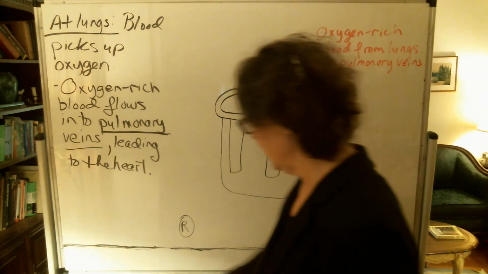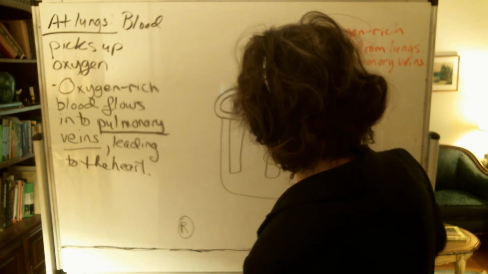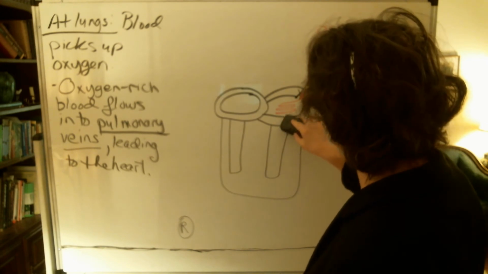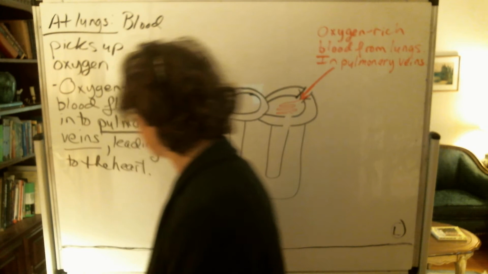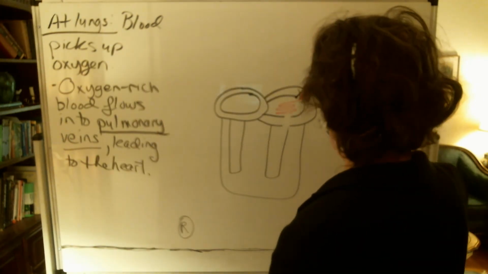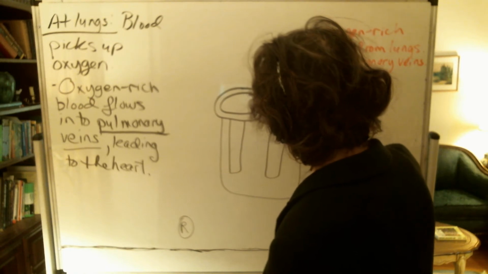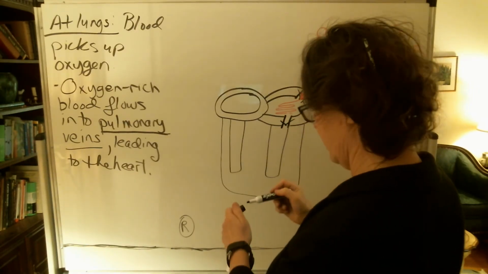going to go now. It is the same concept as happens on the right-hand side. So again, we have a valve. Between the atrium and the ventricle, here's the valve.